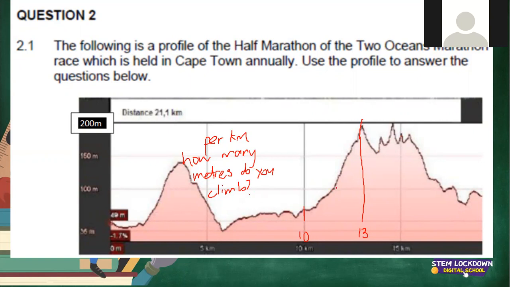Let me give you hints, right? This height, let's say it's approximately 200 meters. This height, okay, you can see it goes across.